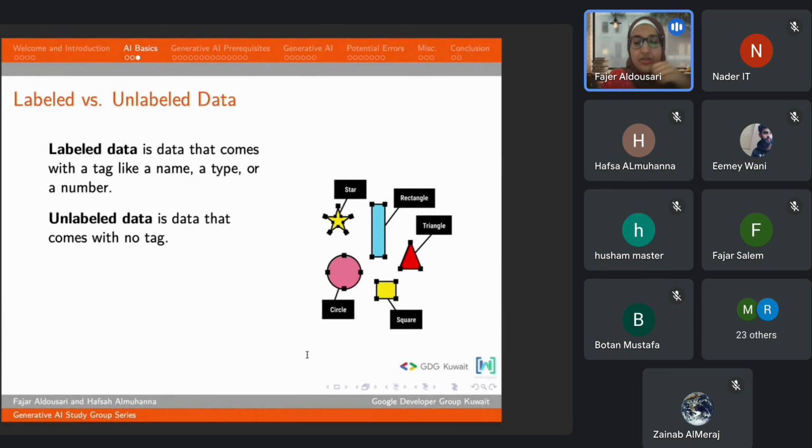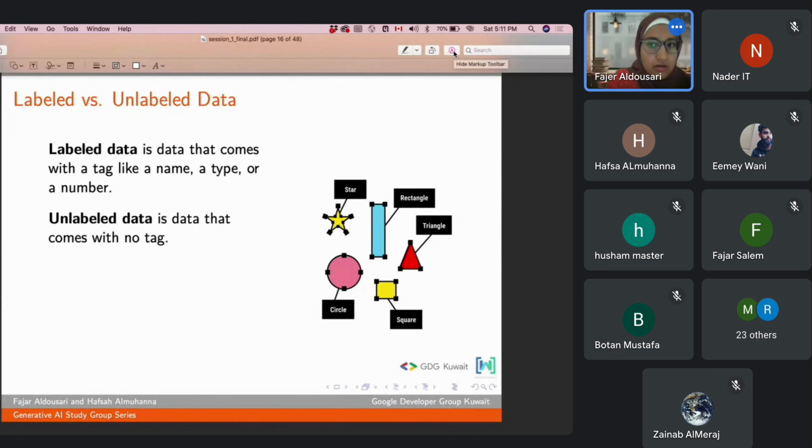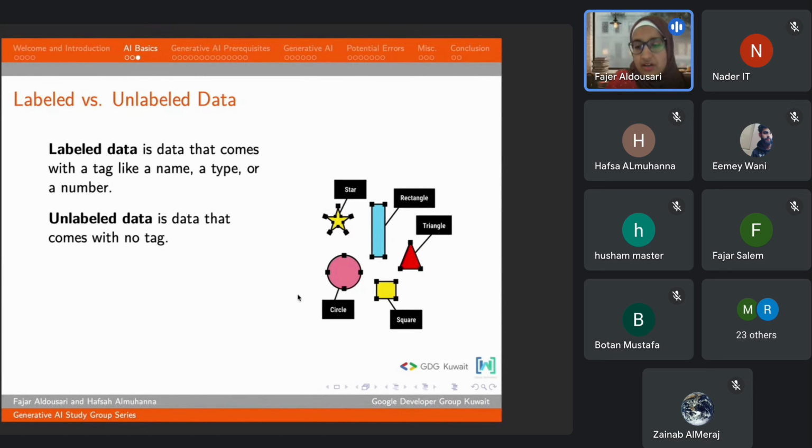Basically, in terms of data, you've got two sorts of data. Either the data is labeled. In this case, you can see an illustration of data that has a tag or a label. Let's say here, a shape of a star, and it says star next to it.